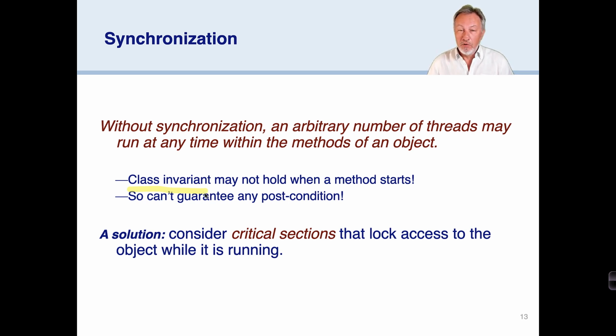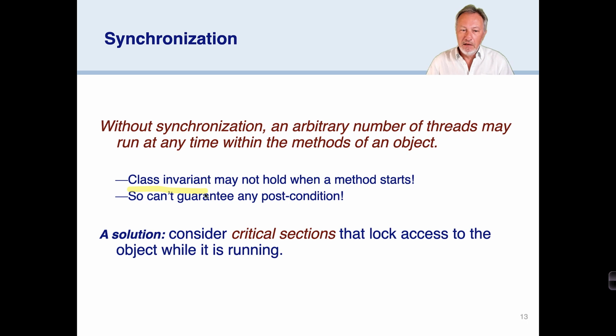If, however, you're executing a method and some other thread comes in, then while you're executing the method, the object may temporarily be in an unclean state. If at that point some other thread starts executing, it assumes the invariant, but the invariant may not be true. At that point, you cannot guarantee anything, and the whole program may fall apart.